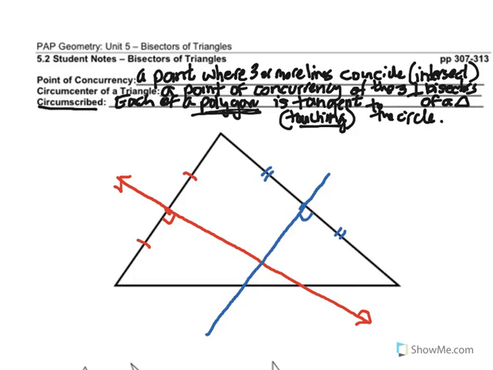And then finally we have one more side to do, and that is this side right here. So we find the midpoint. Let me use a different color. I'll use green. We find the midpoint, and when we draw the bisector, it goes something like that.